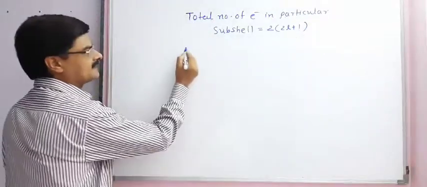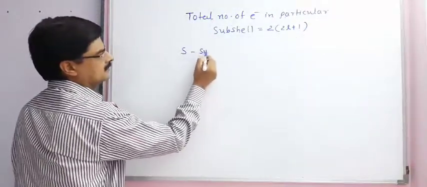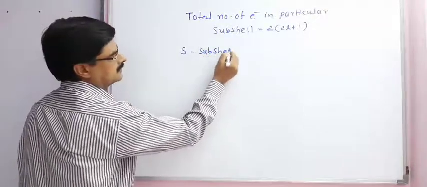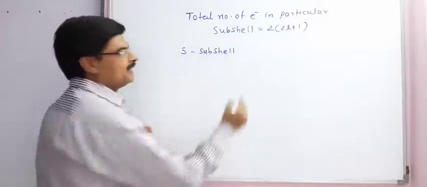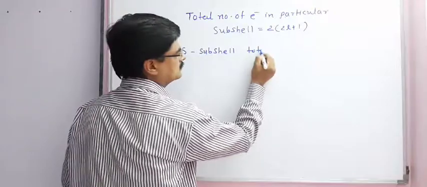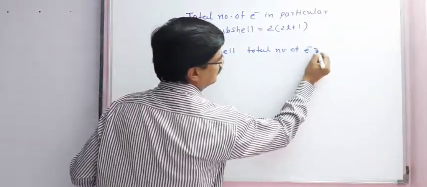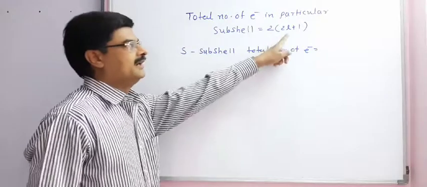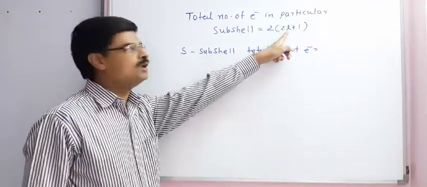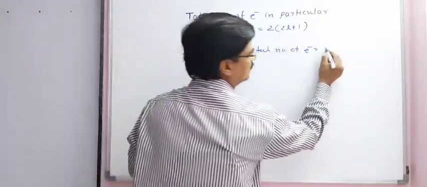So for the s subshell, the total number of electrons, keeping the value of l equal to 0, we will get 2.